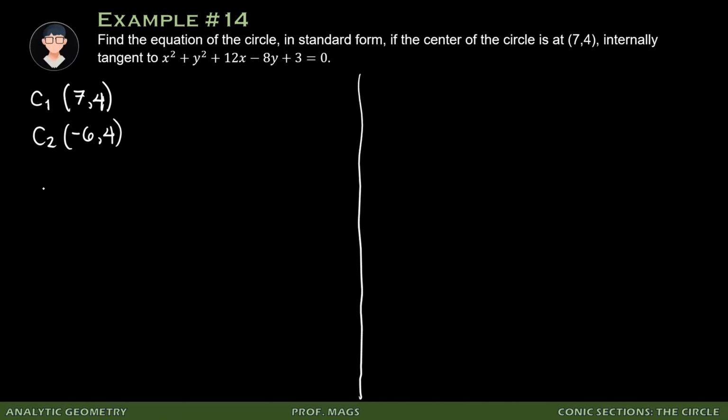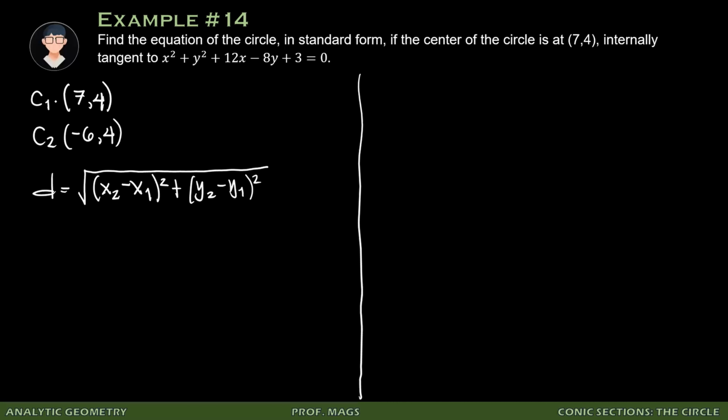And we take note that the distance between the two centers can be computed by means of the formula of the distance between 2 points. So, D is equal to the square root of (x sub 2 minus x sub 1) squared plus (y sub 2 minus y sub 1) squared.